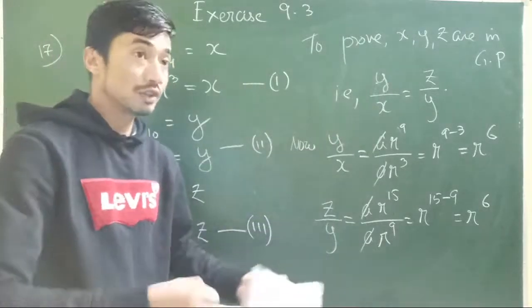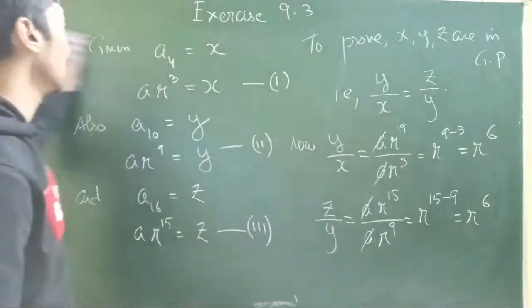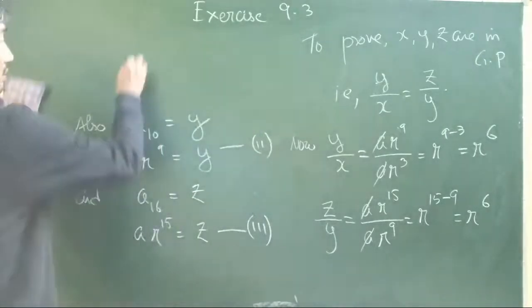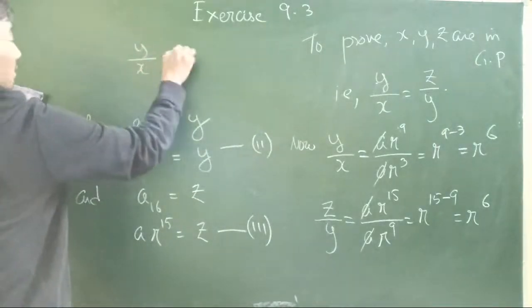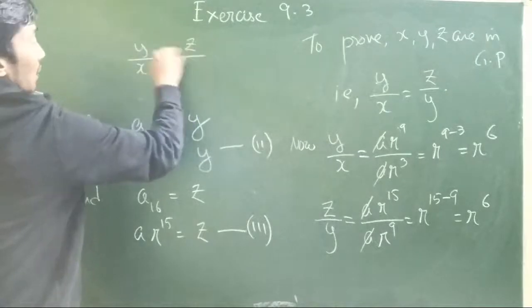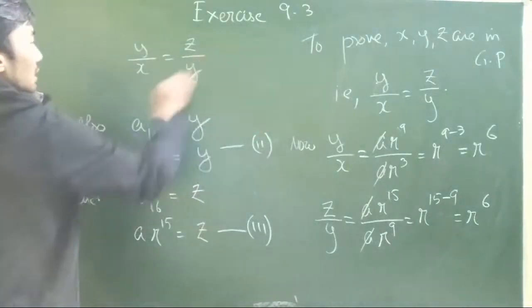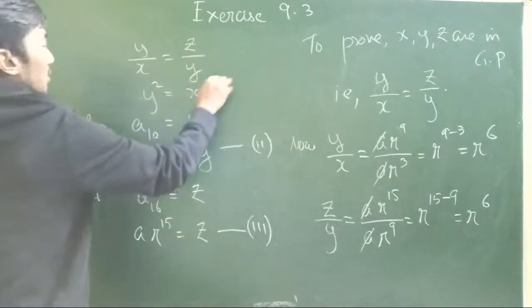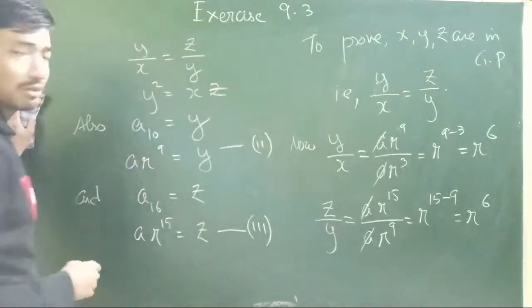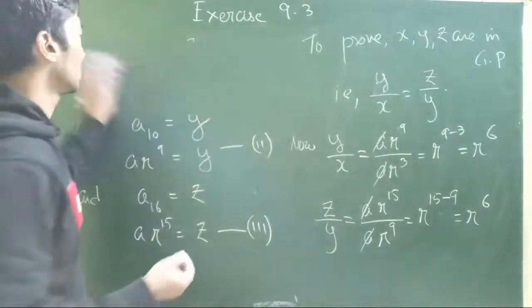That also verifies the geometric mean concept. If three terms are in GP, the concept of geometric mean comes from there only, and then y square should be equal to x into z. We'll get that same proof here. Either way, it's all the same.